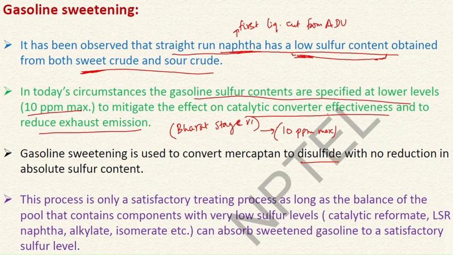To prevent the deactivation of the catalytic converter available in engines, so that the octane enhancers or the triethyl lead, if used in the gasoline, may not deactivate the catalytic converters present in the engines, as well as to reduce the exhaust emission. Also, if the sulfur amount is less, then the emission of sulfur dioxide will also be less.